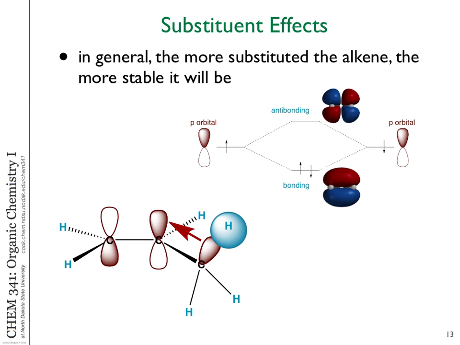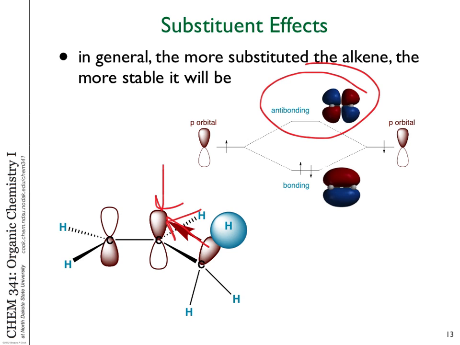So in general, as I mentioned, the more substituted the double bond, the more stable it is. And again, it's because of this aspect that we have p orbitals, and for a more technical reason, it has to do with the antibonding orbital. If we look at the molecular orbitals for a pi bond, that's where electron density is being donated into from adjacent bonds.